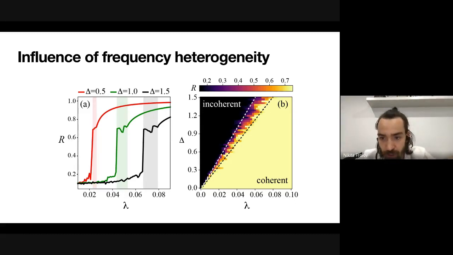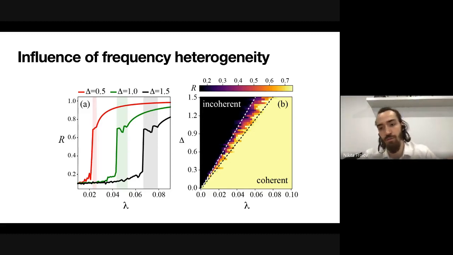presented in this slide. First, let's take a look at the two-parameter plane, which represents the network dynamics on the plane delta versus lambda, where lambda is the coupling strength between the elements. Here, the black area is incoherent network behavior. Yellow area is coherent.